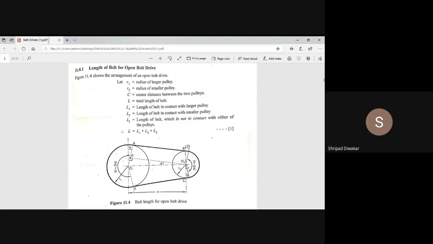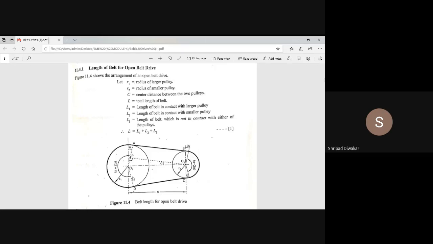Next point, what is AB? AB is your loose side and CD is your tight side. As I said, there are two sides. Next, let D1 be the diameter of the driver pulley and D2 the diameter of the driven pulley.